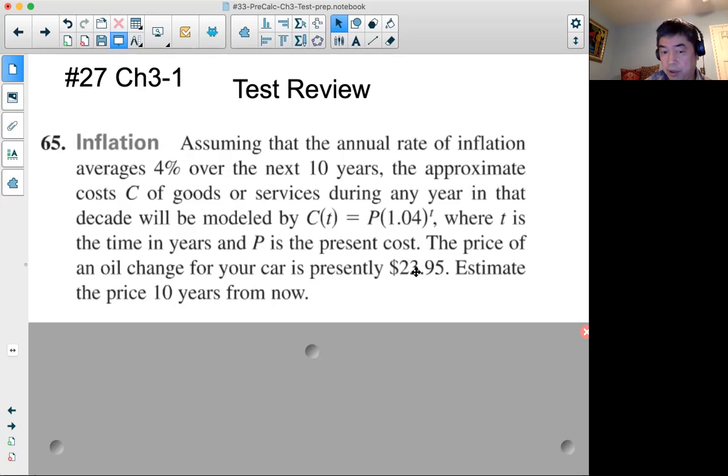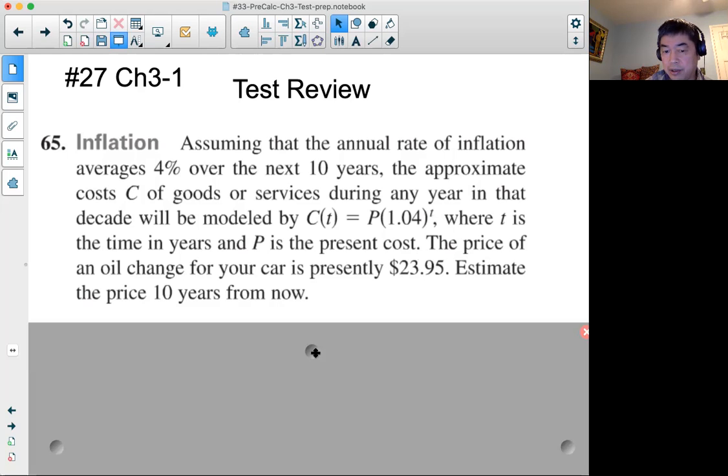So if it's 20 years ago, you have to plug in 20 here, right? If this is the price 20 years ago. But so 20 years ago, which is 2001, if it was $23.95, what is the price 10 years later, which is 2011?